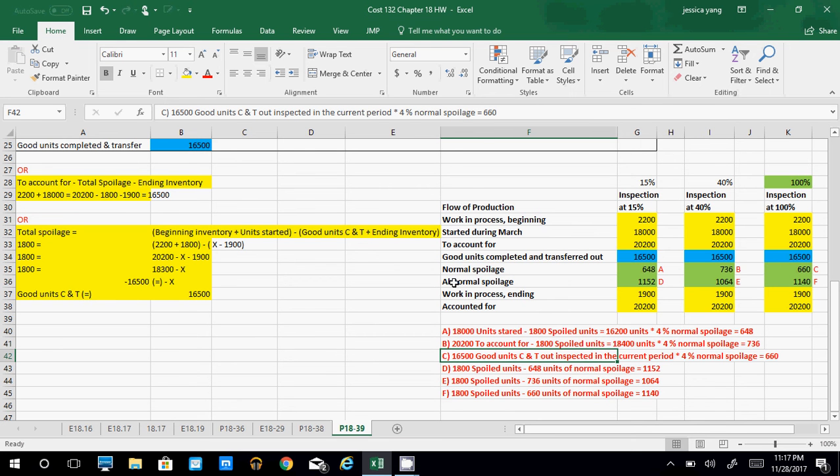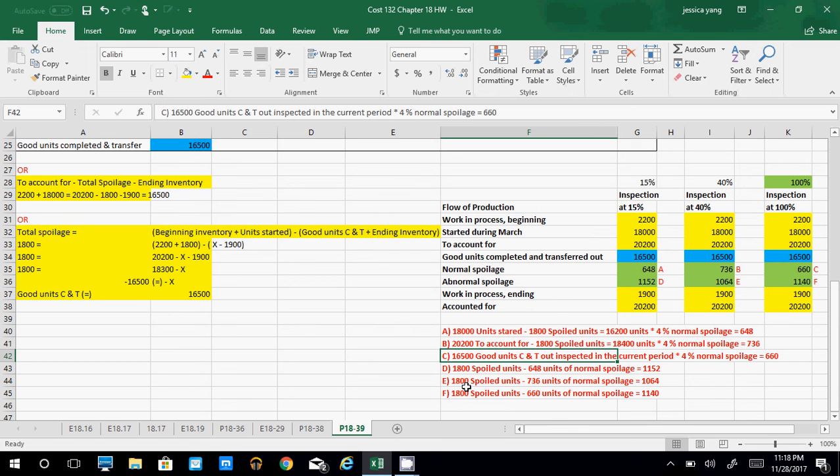Now to find abnormal spoilage, I took 1,800 spoiled units minus 648 units of normal spoilage, which gave me a total of 1,152 units for abnormal spoilage at the 15% level. To find the abnormal spoilage at the inspection point of 40%, I took 1,800 spoiled units minus 736 units of normal spoilage, which gave me a total of 1,064 units of abnormal spoilage at the 40% inspection point.